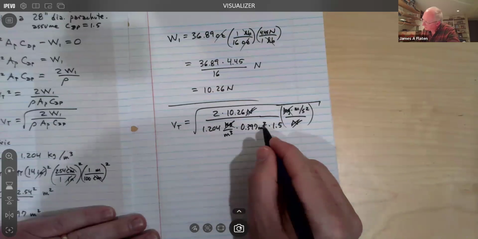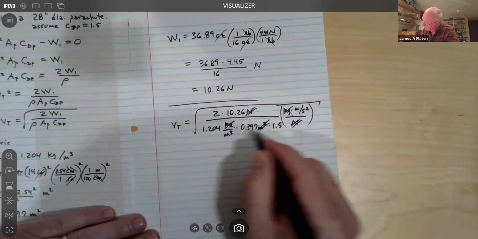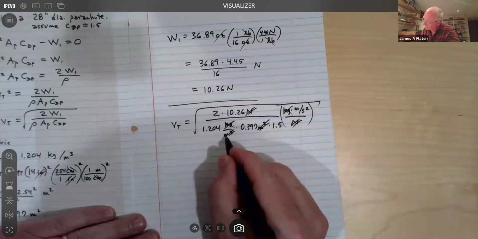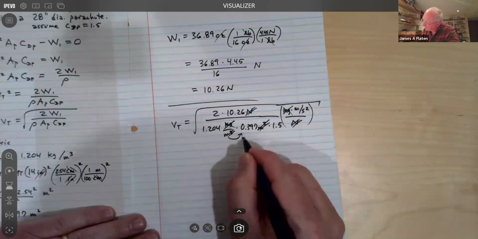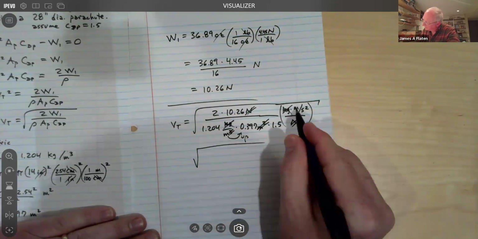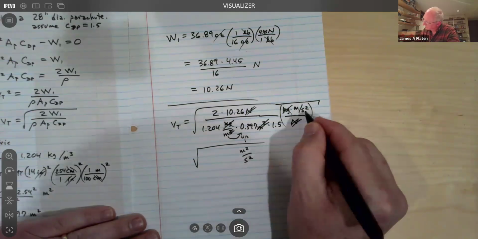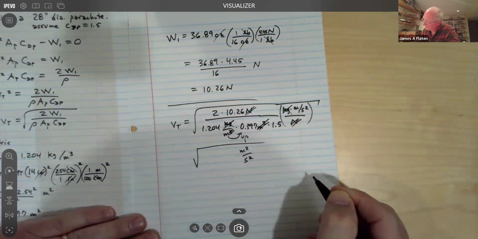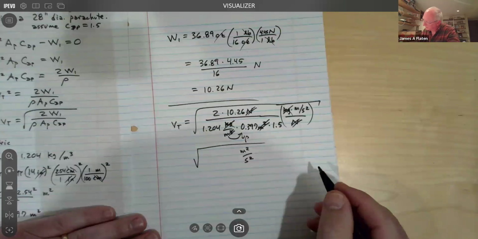So 2 of these meters can make 2 of those meters go away, and I leave a meter in the denominator of the denominator, which means it's really in the numerator. So this meter goes up and adds to this one. Ultimately the units are going to be meters squared per second squared, because the seconds squared never got fiddled with. That's good, because the square root of meters squared per second squared is meters per second. That's what I was hoping for.